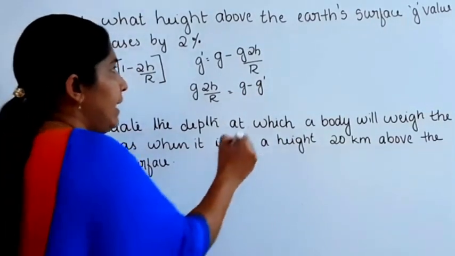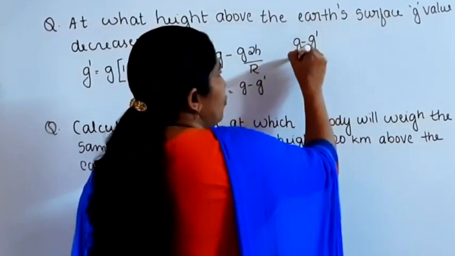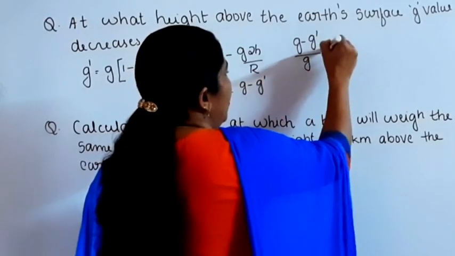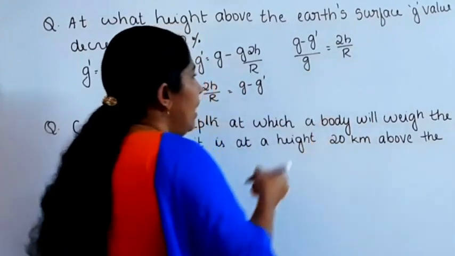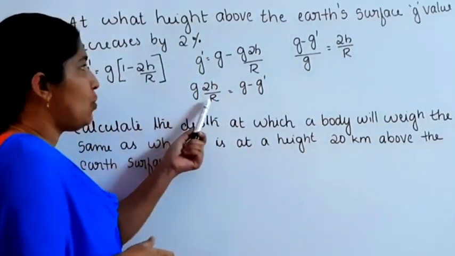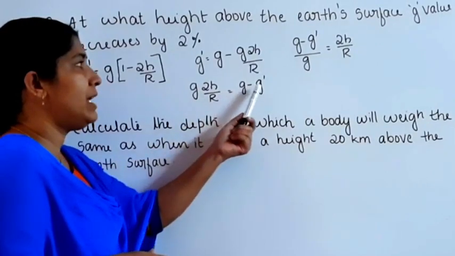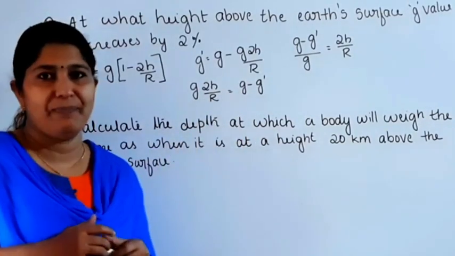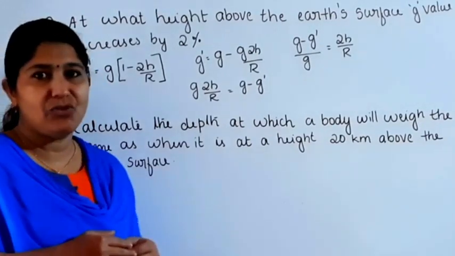Then g minus g dash divided by g is equal to 2h by r. On rearranging this equation, we can write 2h by r is equal to g minus g dash divided by g.